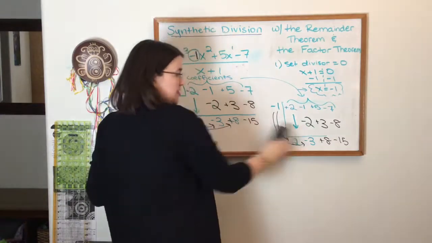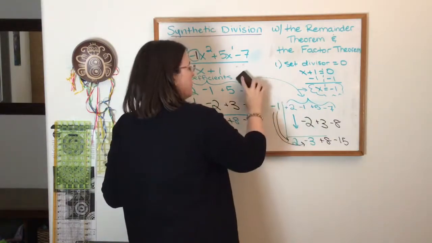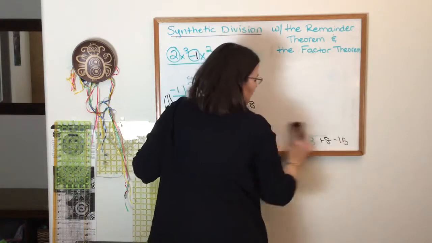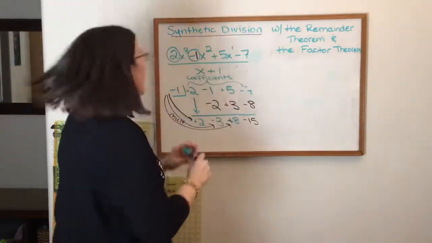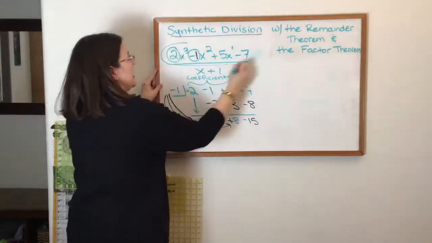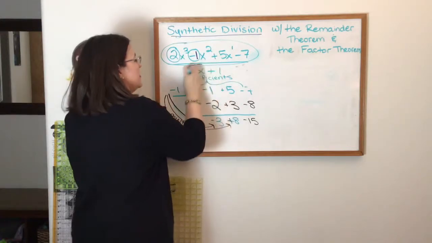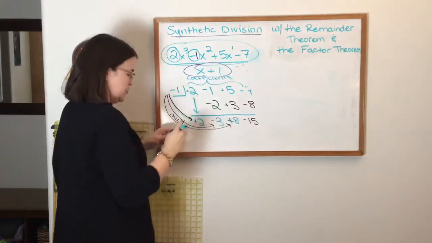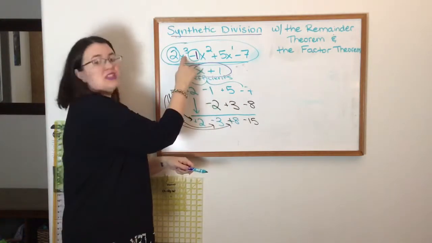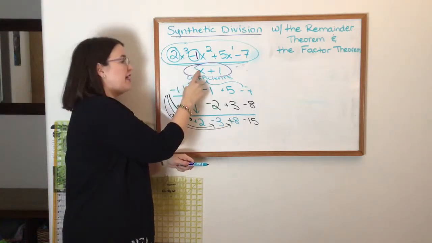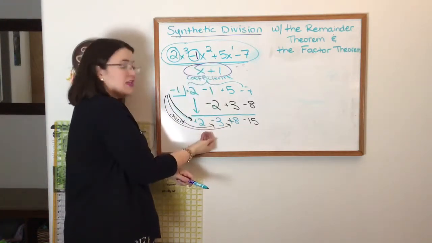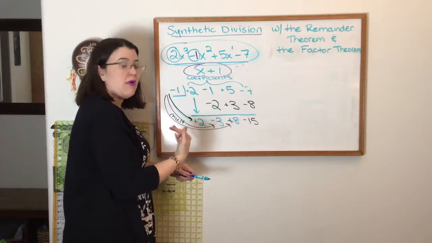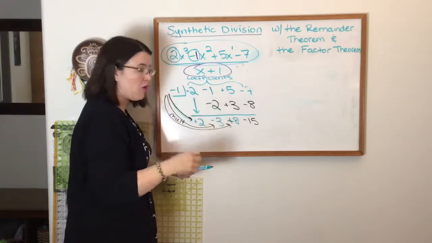So notice it's the same form. I'm just going to erase this one so I have a little more space. When I divide this thing by this thing, this is my answer. It was to the third power. I've divided it by a first power, so this answer has to be one power less, right? I've divided and I've taken the power from it.